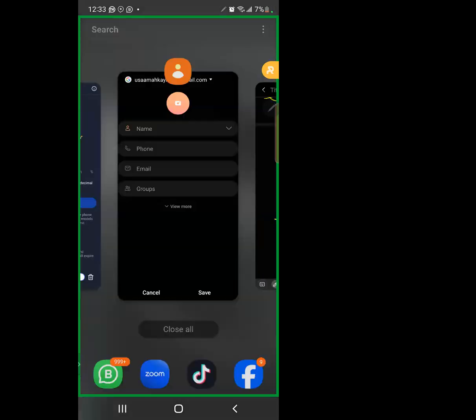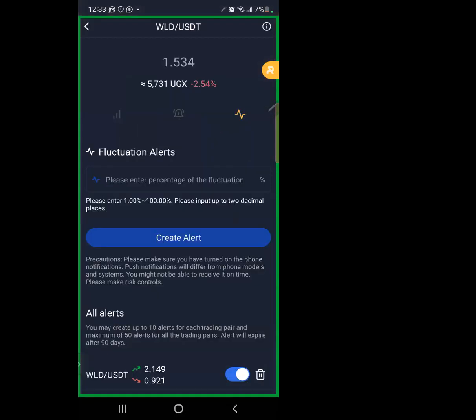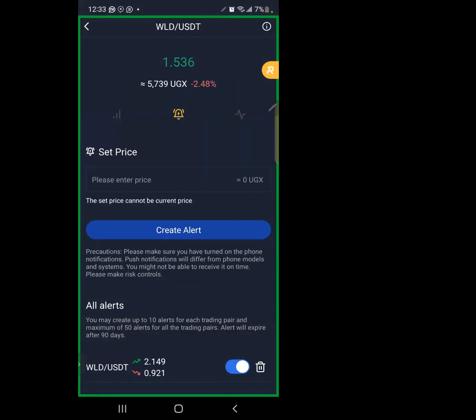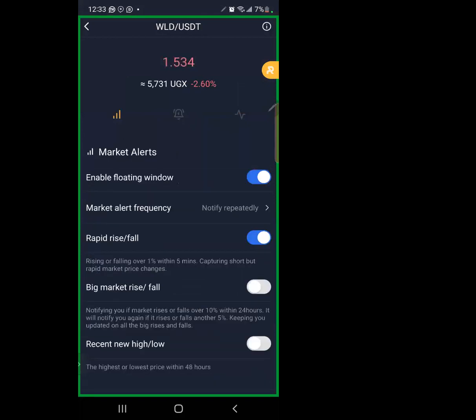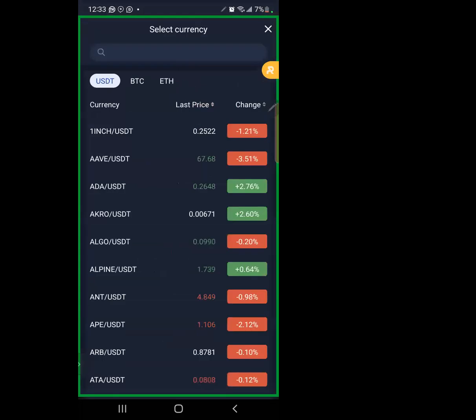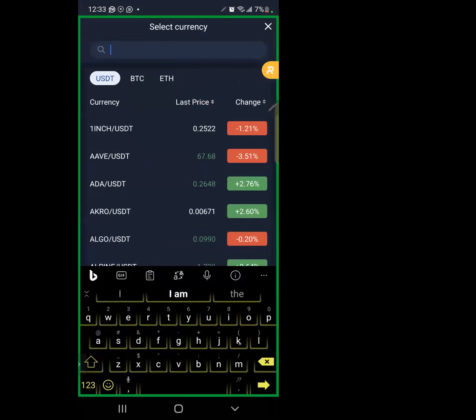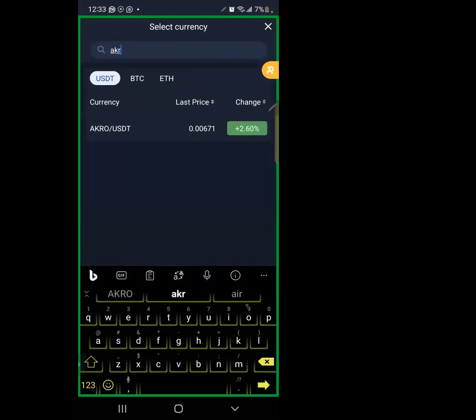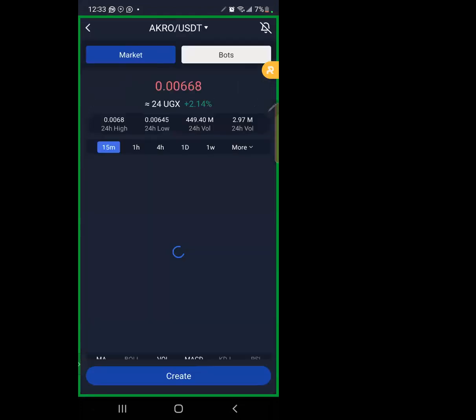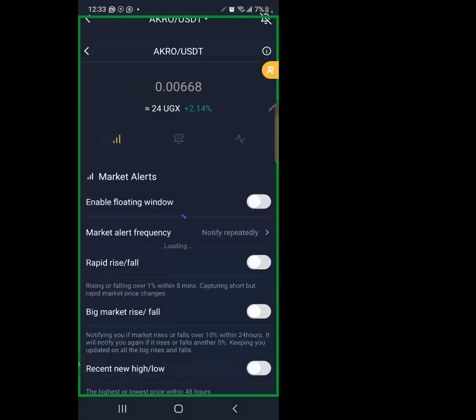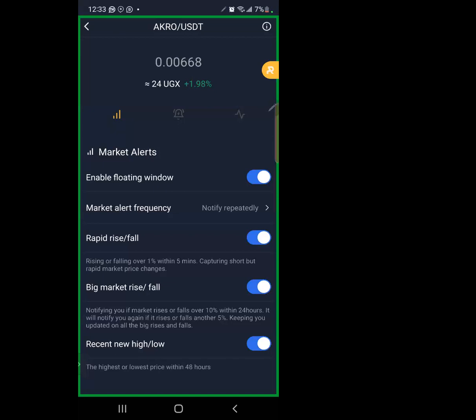So now let's see. Have we learned this? So the trades you are having, my advice is give them alerts. Okay, when you give them alerts, you are going to enjoy. I'm also having another trade, Acro. When I have Acro, I also give it a floating window, because Acro movements are so high.